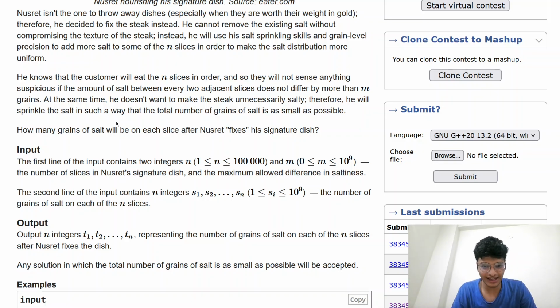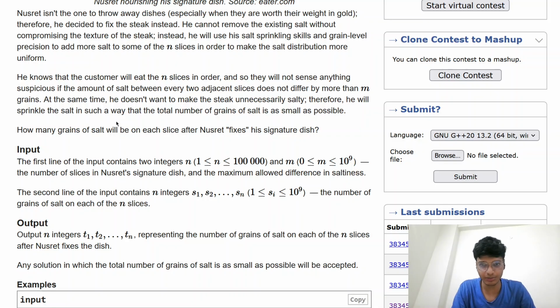So he can add some grains on those streaks, in such a way that the difference between the adjacent streaks must be within m.